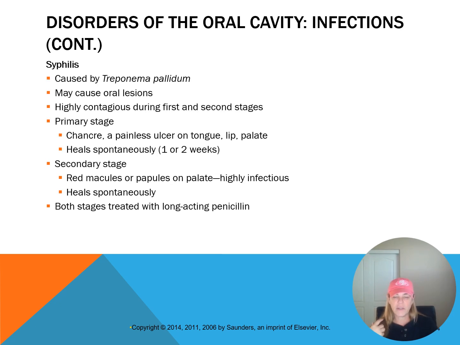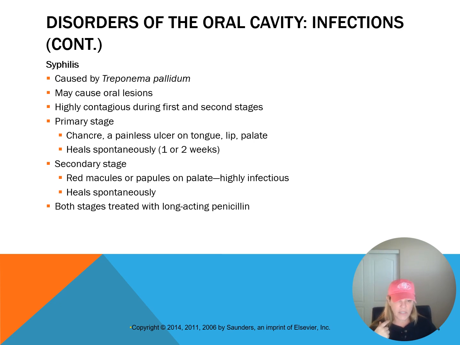Syphilis is another infection that you can see. This is not limited to the mouth, but it can have an effect on the mouth and cause oral lesions. It's highly contagious during the first and second stages. In the primary stage, you'll see what they call a chancre. It's a painless ulcer on the lip or tongue or the palate. It will heal spontaneously.